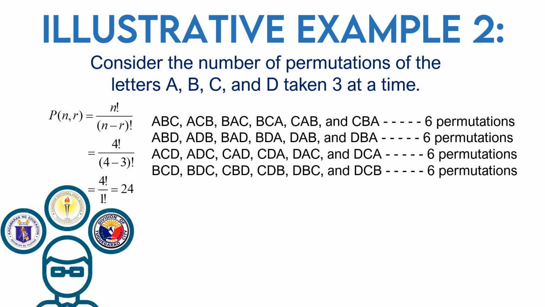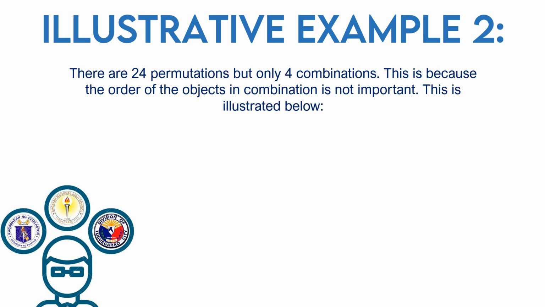That gives us also 6 permutations. So 6 plus 6 plus 6 plus 6 will give us a total of 24 permutations. Now notice, class, that there are 24 permutations but only 4 combinations.